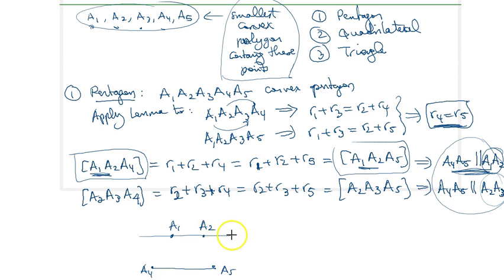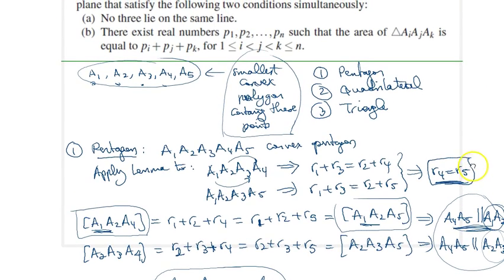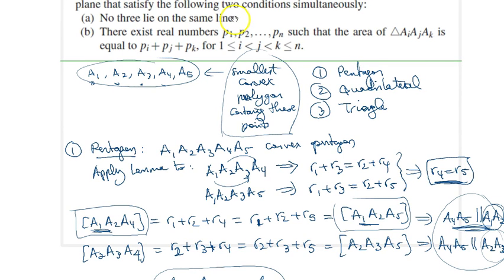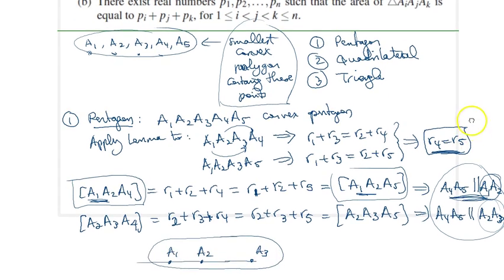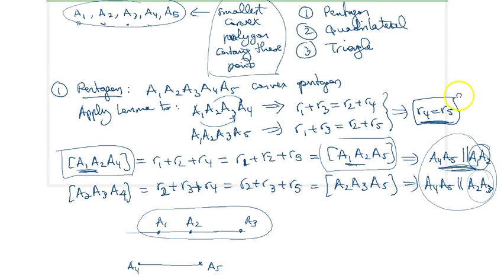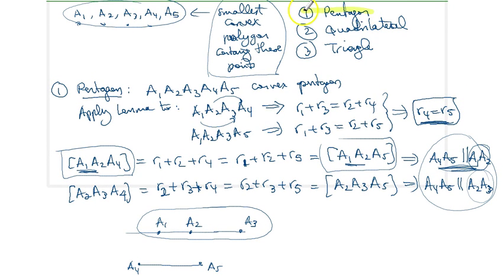A2 is somewhere here, and let's say A3 is here. But because A2 is common in both situations, A1, A2 is the same line as A2, A3. It gives us three points on the same line, contradicting the very first condition that no three points can be collinear. So therefore we have just proved the first case for the pentagon.